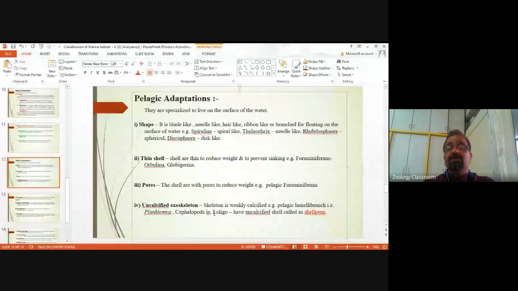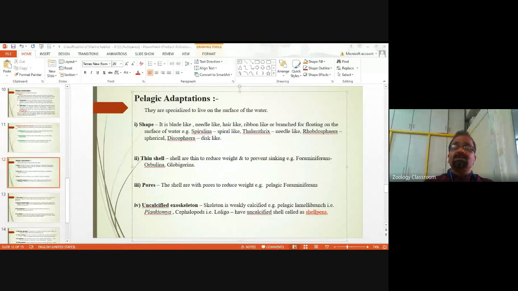Now, cephalopods, for example. Under which phylum are these cephalopods? Can you tell me? The example is in front of you. Loligo is an example. Yes, cephalopods.